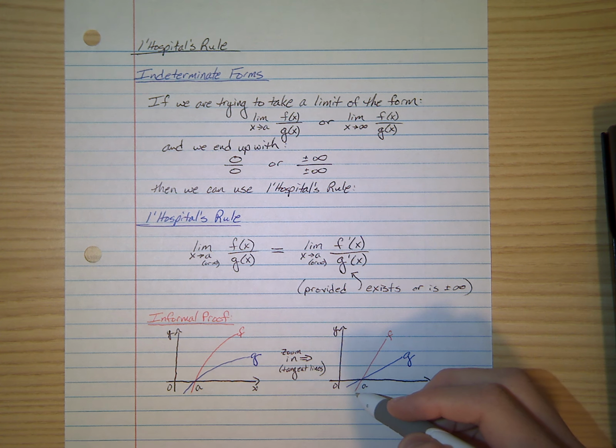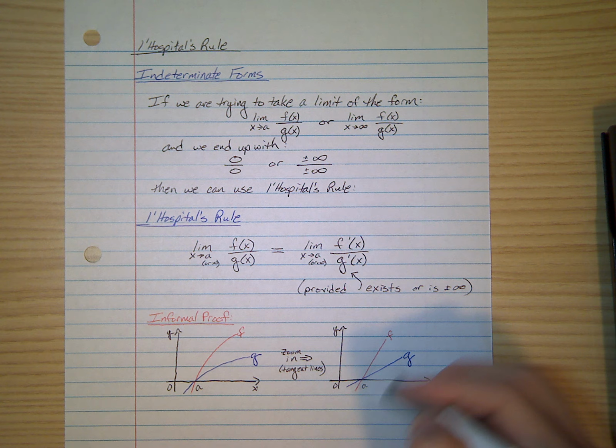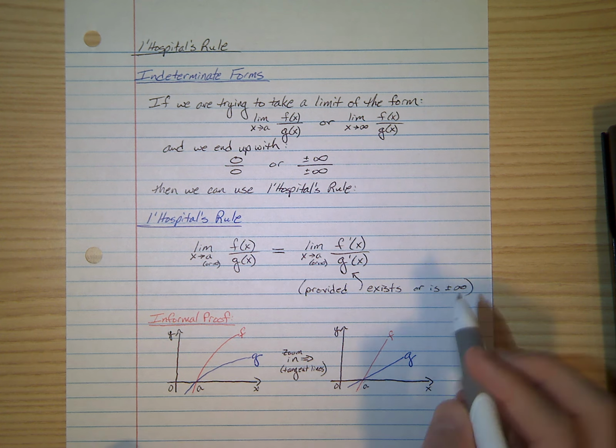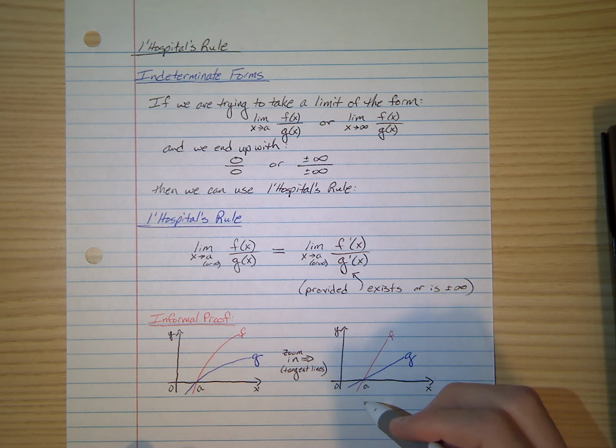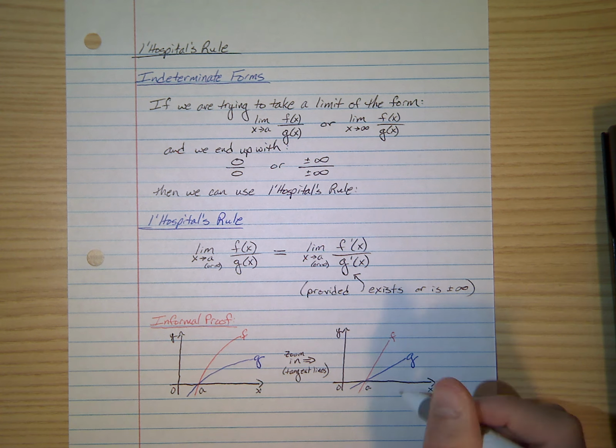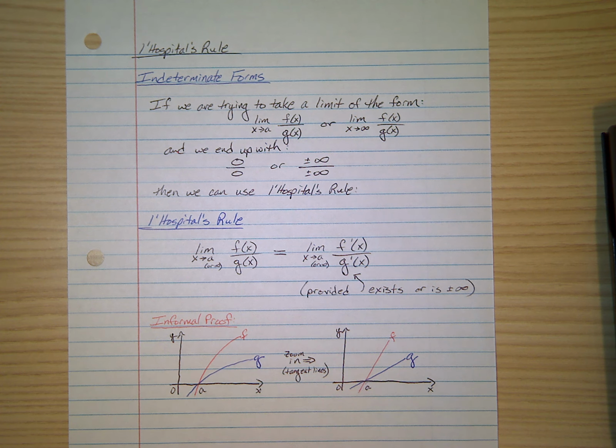You see that we actually have a specific slope divided by a different slope. So now it's no longer 0 over 0, but instead this slope divided by this slope, whatever that may be. And we would actually get the limit there. So that's, like I said, very informal for why this works. But basically what you need to understand is it works, okay?